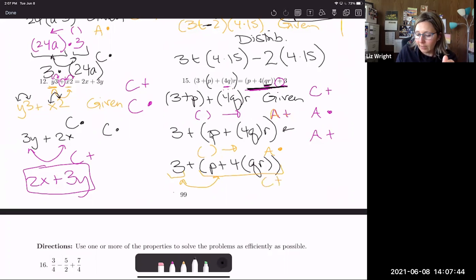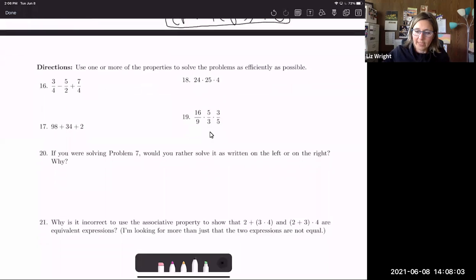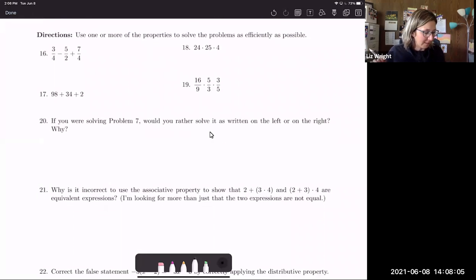And then we're going to get quantity of P plus 4 times the quantity of QR plus 3. And then look, is that what we ended up with? Yeah, we're done. That was a big problem. Good job. All right, a couple more back here, and then we're done with this video.